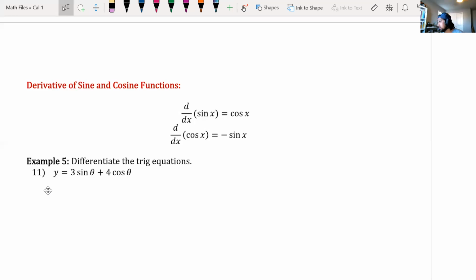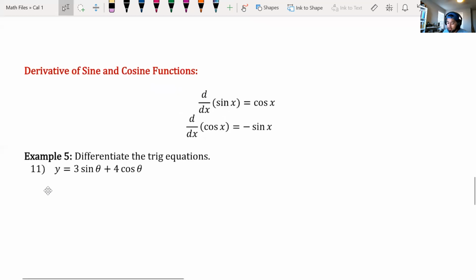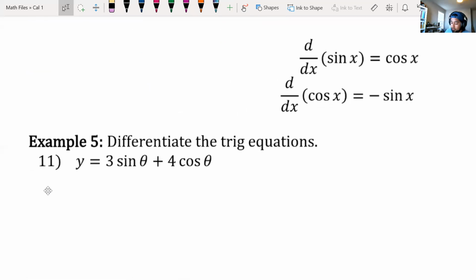If you think in terms of slope, it's actually pretty crazy that cosine can give the slope for a sine function, and negative sine can give the slope for a cosine function. So this is something to think about, other than computational. But for now, all we understand is that the derivative of sine is cosine, and the derivative of cosine is negative sine, which we can start using below.